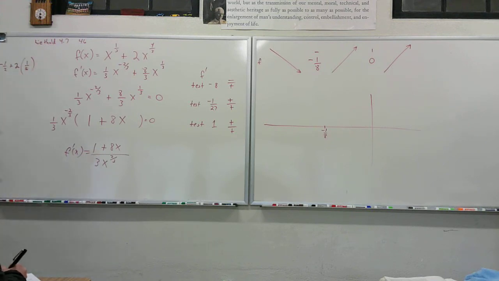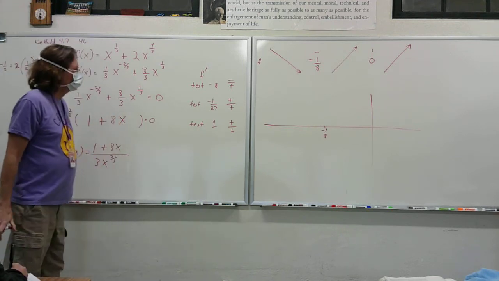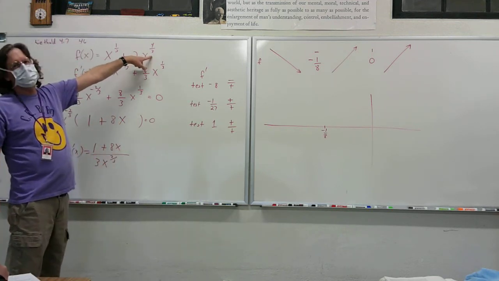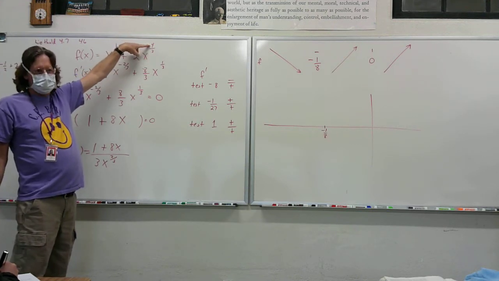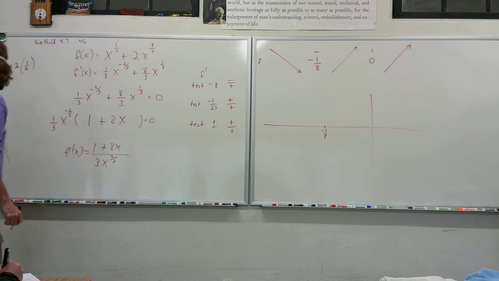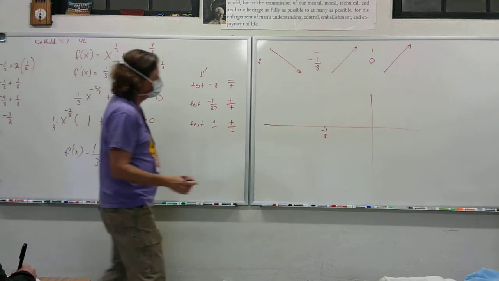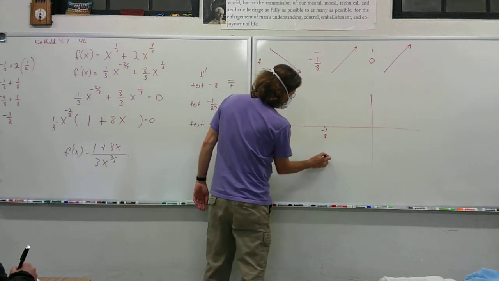But you got to be able to do some algebra, folks. You put negative 1/8 in there, you take the cube root, it's negative 1/2. Raise it to the fourth power, 1/16. Positive. Now, you work that out. Get negative 1/2 plus 1/8. You get a common denominator. Negative 4/8 plus 1/8 is negative 3/8. So this point is negative 1/8, negative 3/8.